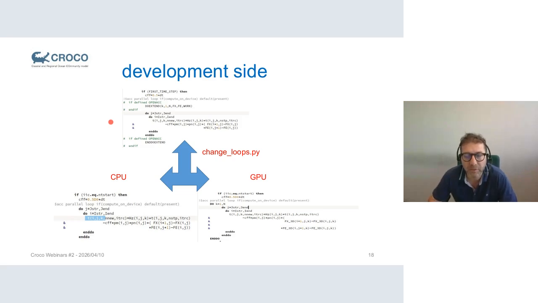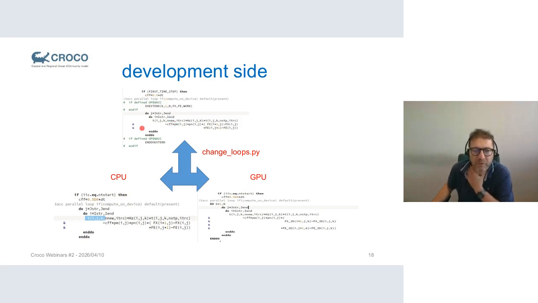For this, we have two kinds of directives which are handled by the change loop script. What we can see, the first one is simple: the source code is here, and change loop changes the code into a CPU version like this and a GPU version like this.